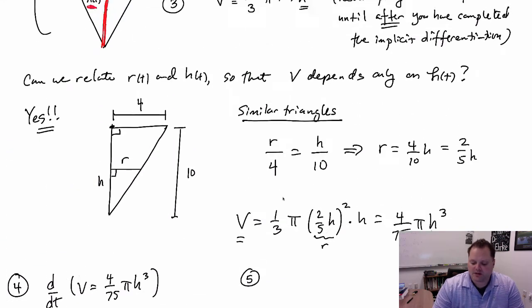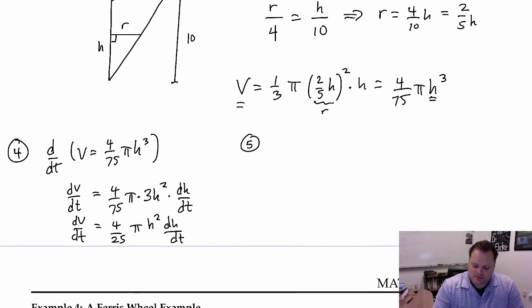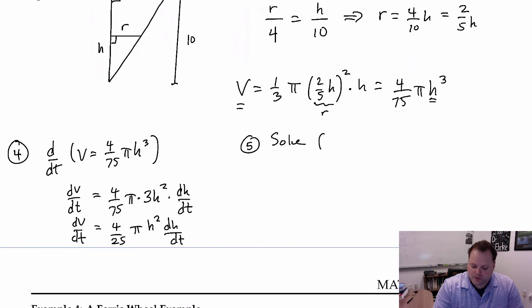Let's go back up and take a look at our rates. I want to solve for dh/dt specifically when the height of the water is 5 feet. So solve for dh/dt when h is 5. So the question is, what is the volume? Well, that was the given rate.